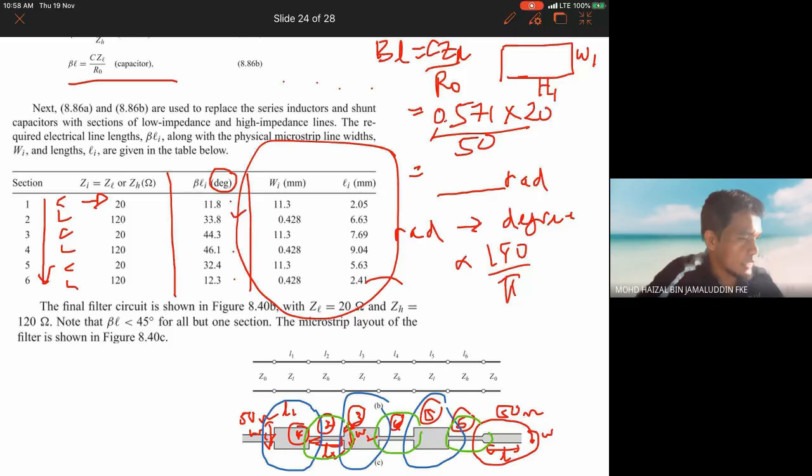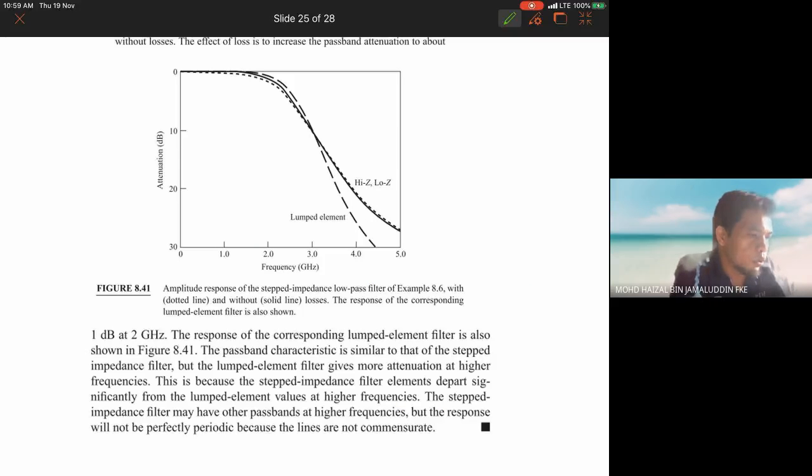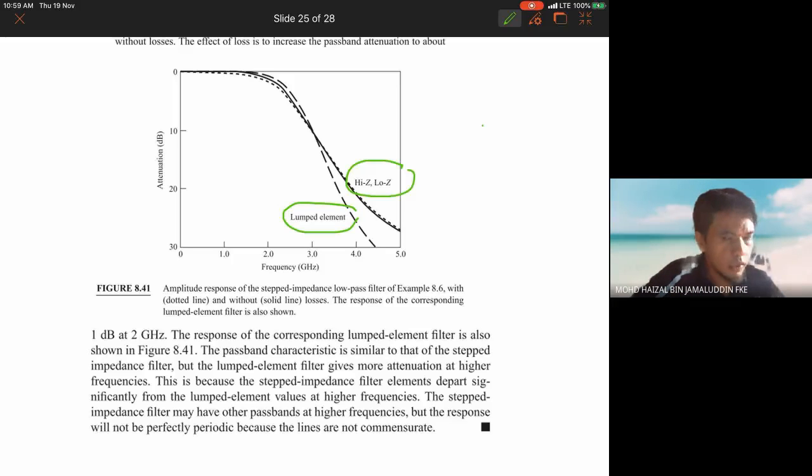So you can see that this is the graph of comparison between the step impedance and lump element. You can see that lump element gives better performance, especially looking at the sharper cutoff frequency compared to the step impedance.